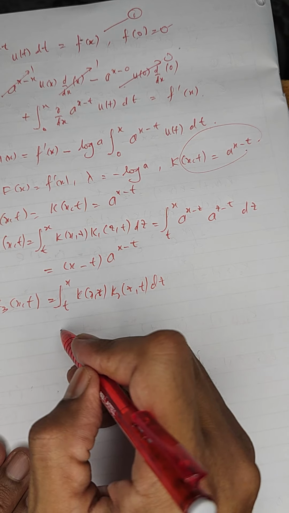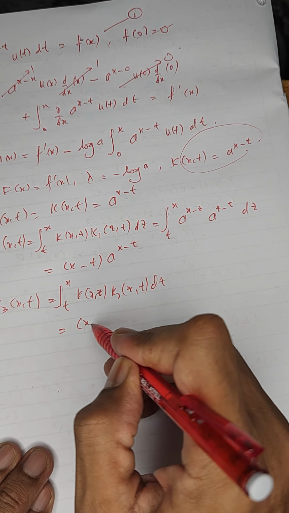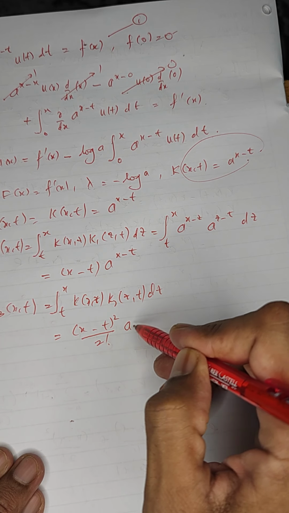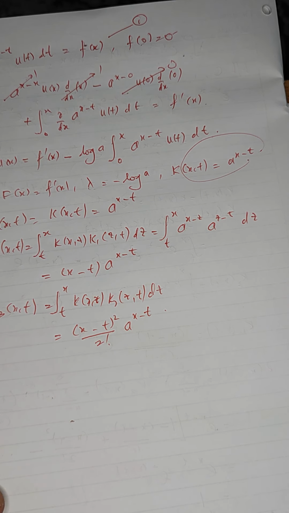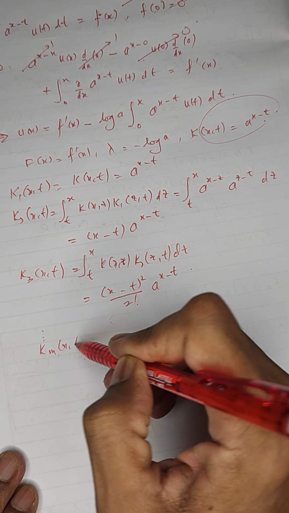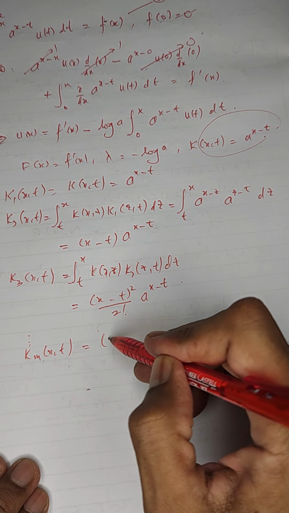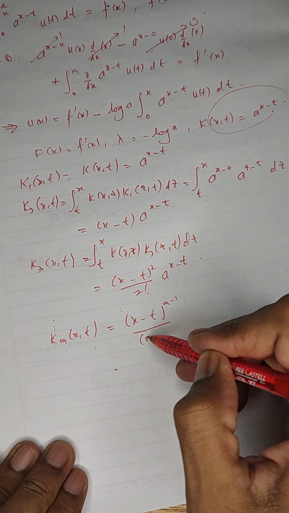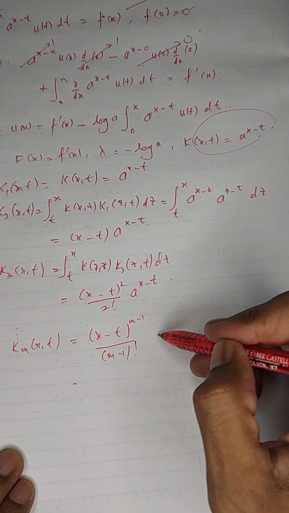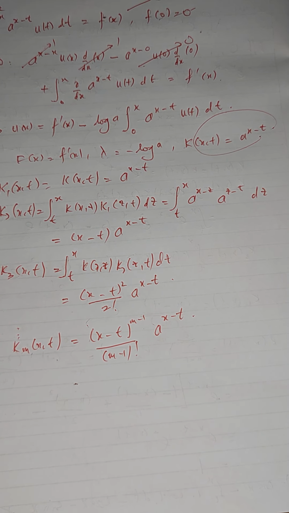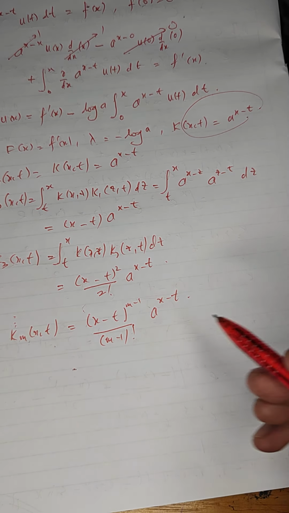If you do this, you'll get (x-t) squared over 2 factorial times a^(x-t), and hence you can find that k_m(x,t) is given as (x-t)^(m-1) over (m-1) factorial times a^(x-t), and hence you can write the resolvent kernel.